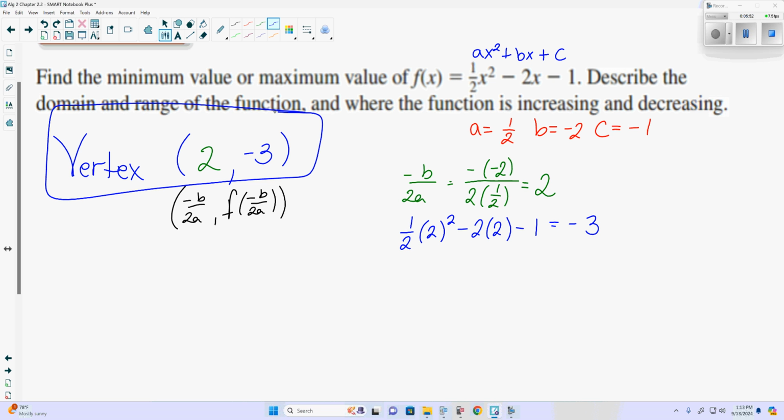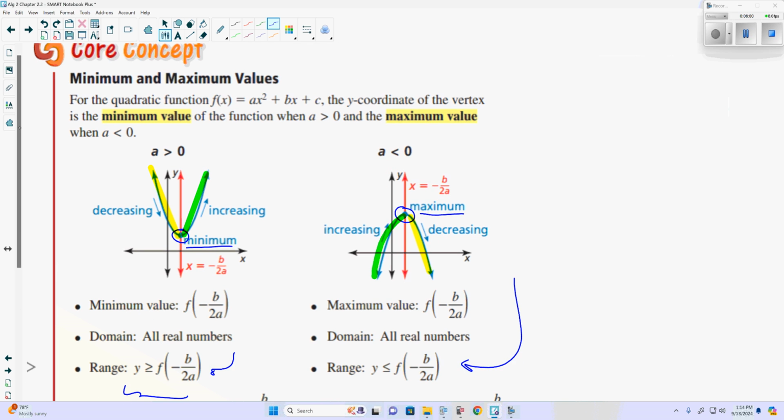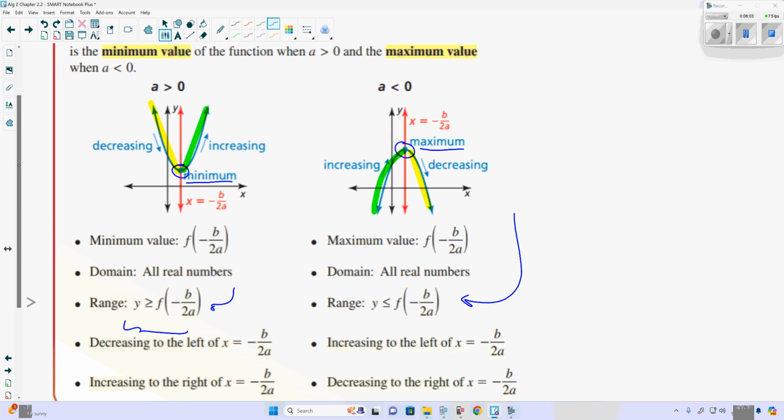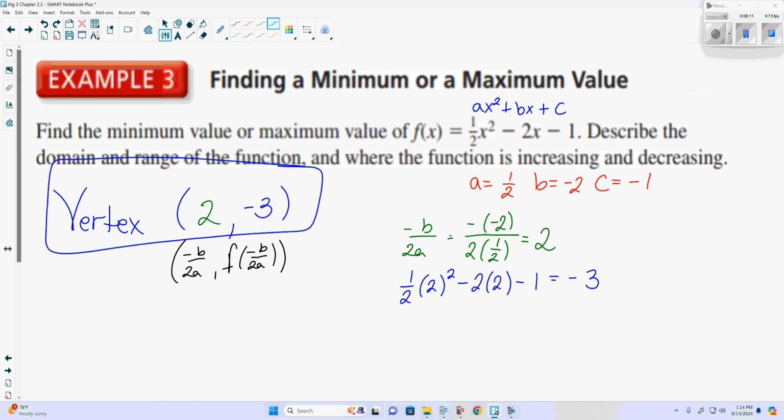Now this is not specifically asked for in this problem, but it does give us everything we need. Because for minimum or maximum, it depends on how the parabola opens. If the value of a is greater than 0, it opens up. If the value of a is less than 0, it opens down.